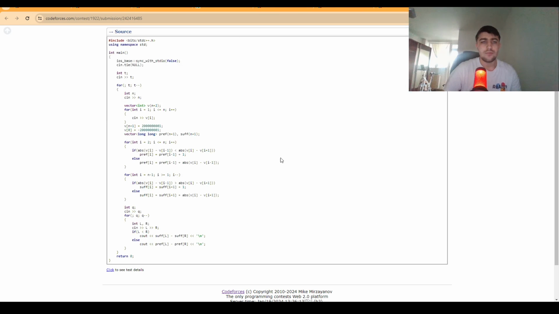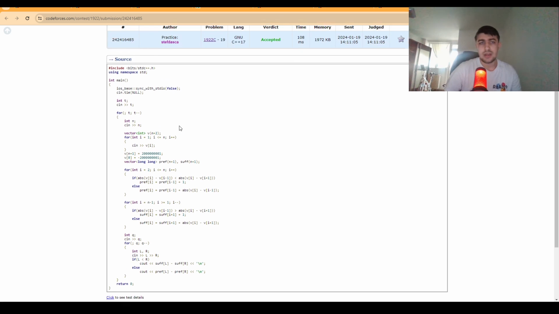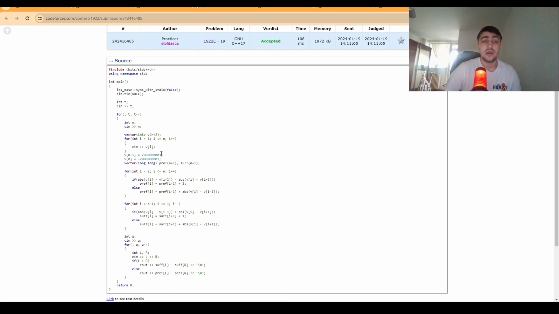Now, very important here to add the values properly. Some people got hacked by having negligent bounds here, like 2 billion or 1 billion or whatever. Please be careful with these in the future. It's very important to avoid getting hacked on a problem we completely solve.